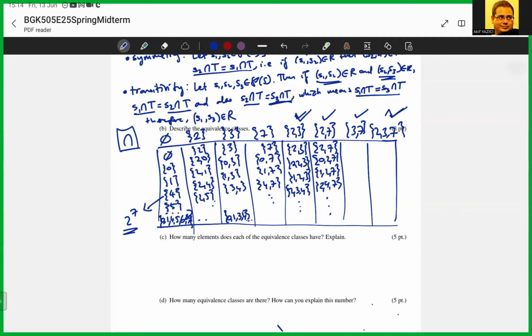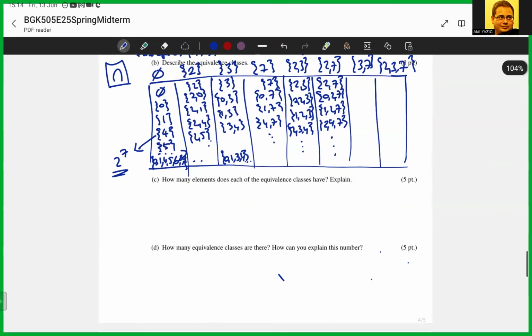Okay, let's look at question part C. How many elements does each of the equivalence classes have? Well, we have just gone over this, 2 to the power 7. And how many equivalence classes are there? 8. How can you explain this number?